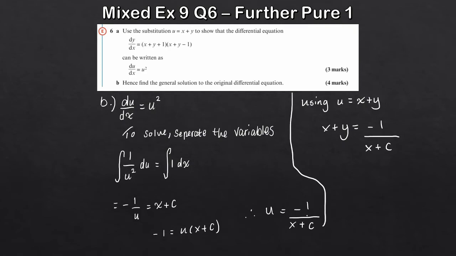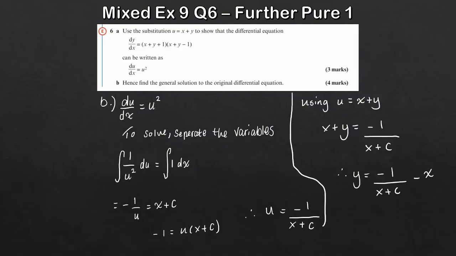Remember, our general solution is in terms of y, so we just need to rearrange to get y equals. Simply subtracting x off both sides, that's going to give us minus 1 divided by x plus c, and then minus x. Nice and easy, job done there for 4 marks.